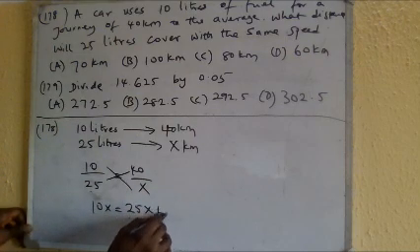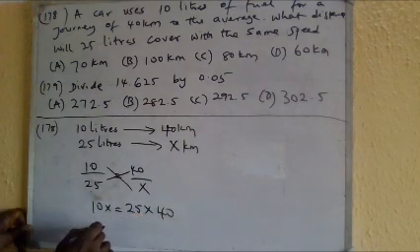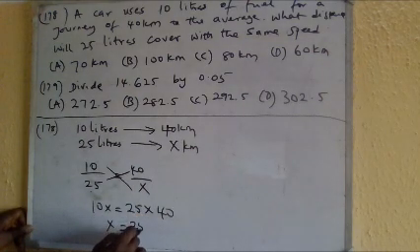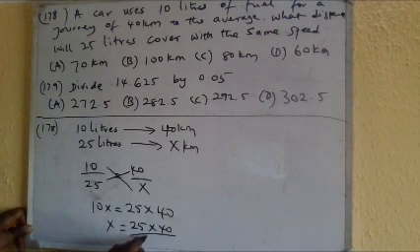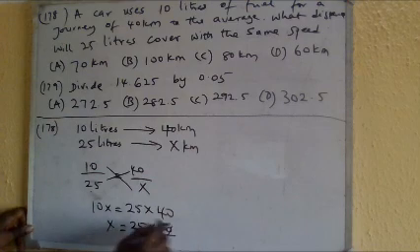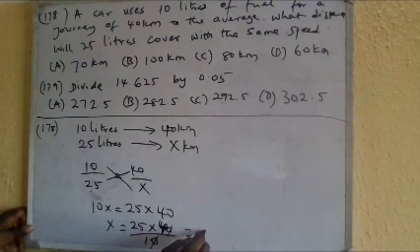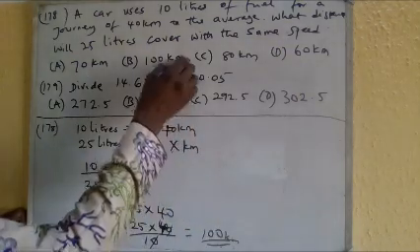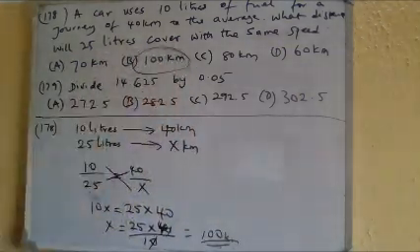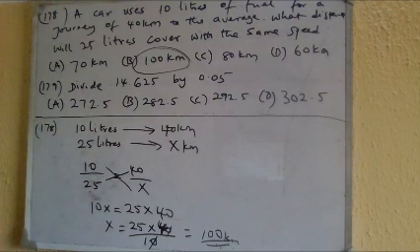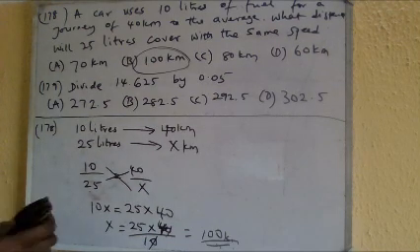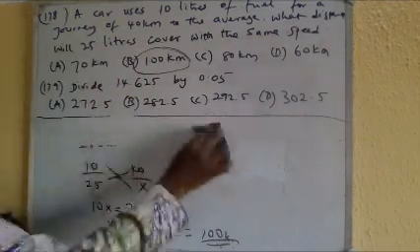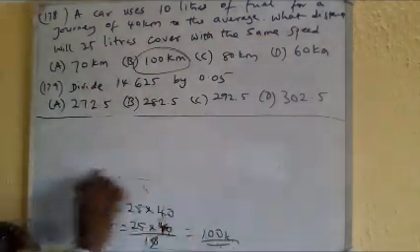So to find x, I will say x is equal to 25 times 40 over 10. 0 will cancel 0. 25 times 4 is 100 kilometers. That's what this 25 liters of fuel will cover. 100 kilometers, sorry.